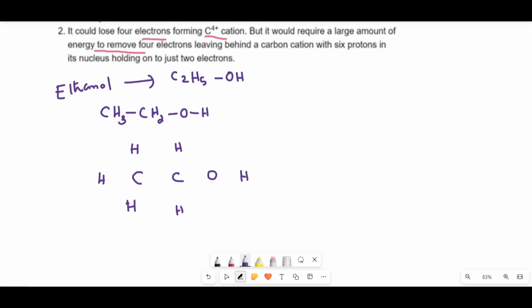This is the main skeleton structure. Now you should put electrons accordingly. CH3, which means these are all single bonds. So carbon around it will have 4 electrons. 1, 2, 3. This is the fourth one. Take the second one. 1, 2, 3, 4.